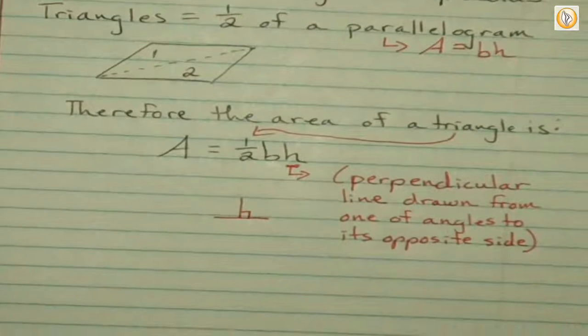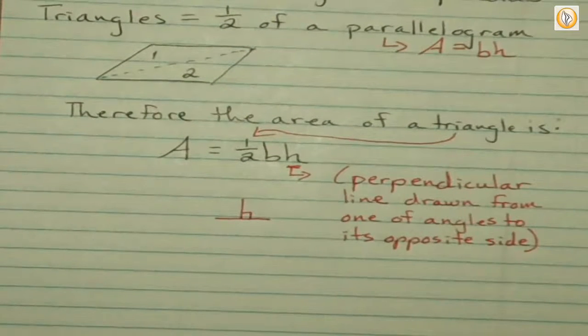There's a perpendicular. Remember the height. That threw some of y'all off yesterday, figuring out what the height was. Only way you're going to learn that is by practicing on IXL.